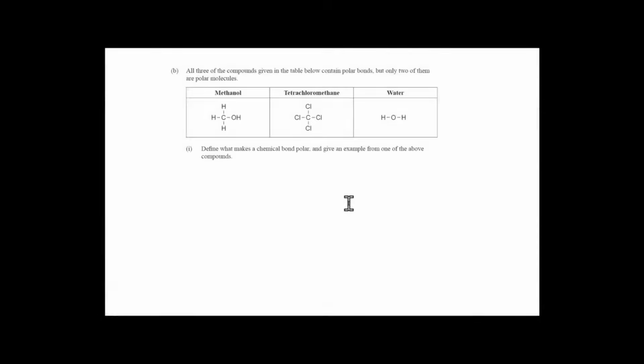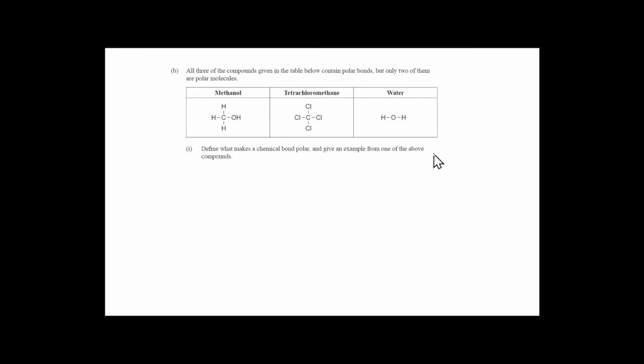So now we're given 3 compounds, each with polar bonds, but only 2 of them are polar molecules. Define what makes a chemical bond polar and give an example from one of the above.